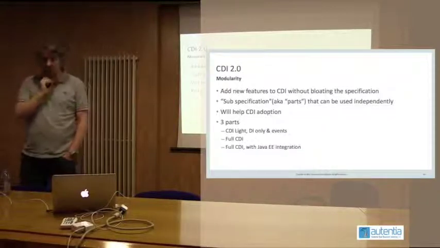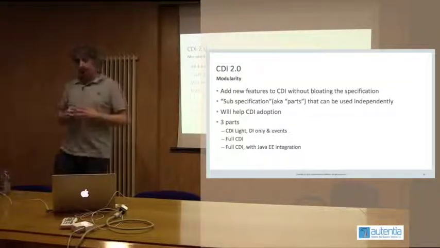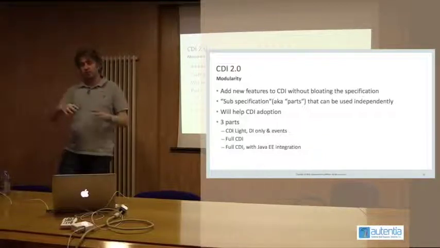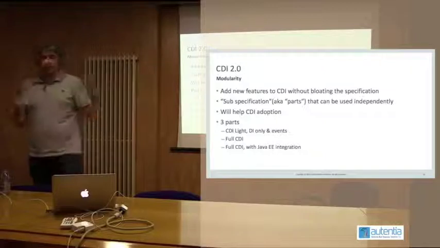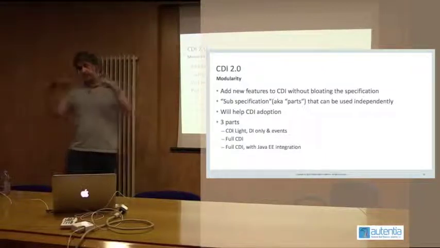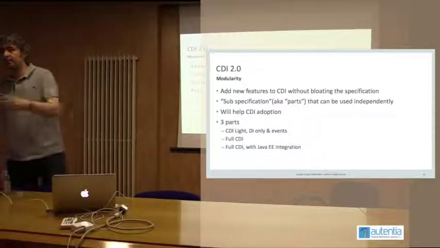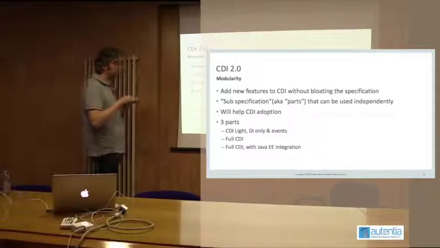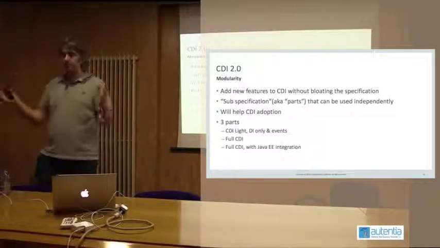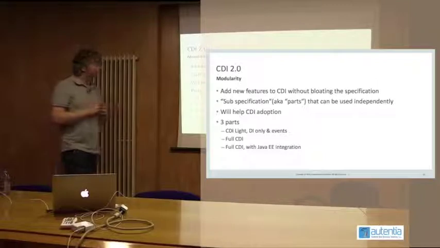So the first one, they would like to be more modular. If you look at CDI today, that's obviously context and dependency injection, but there is more than that in CDI. For example, we have event capabilities. As of today we already have a lot in CDI and the EG would like to add yet more capability, which, for some use cases, makes CDI too big to be adopted. And clearly this is outside of the Java EE world.